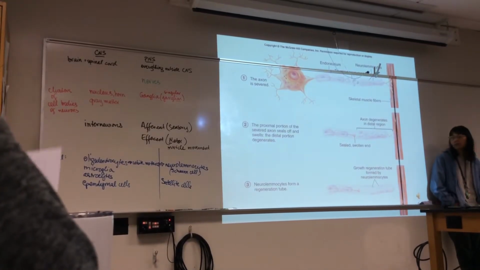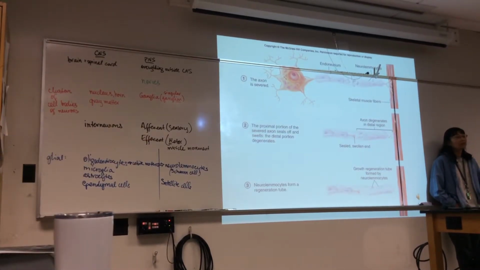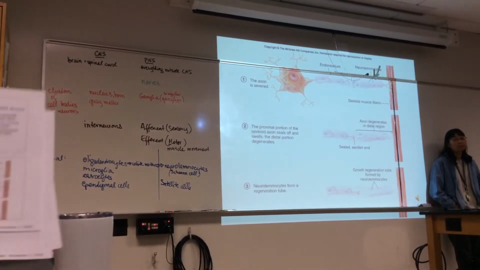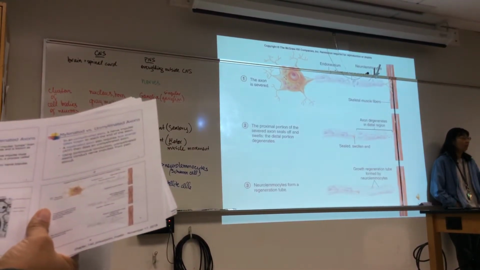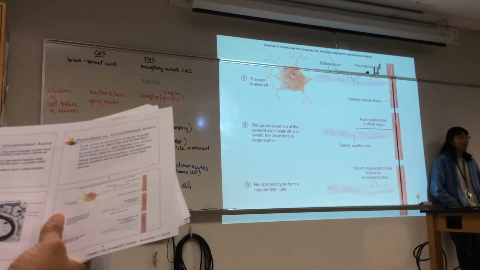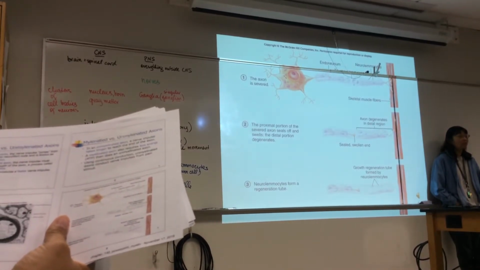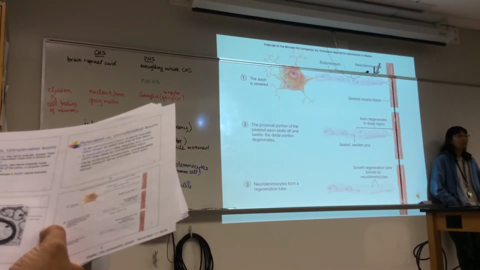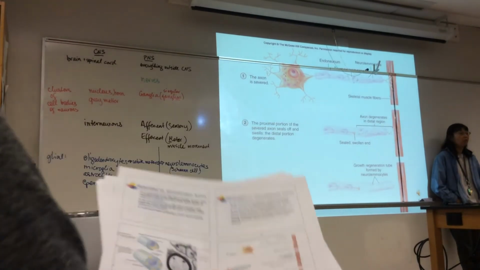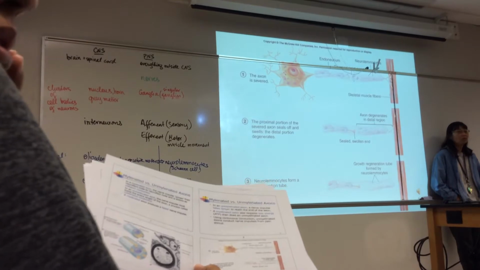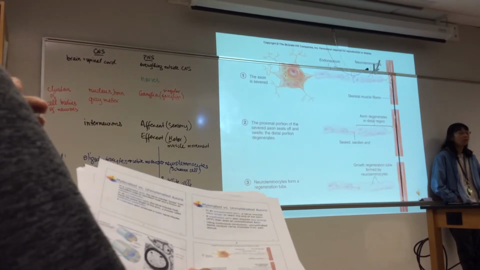I'm still confused. I think it's like how you get a fracture and then you cut the nerve. Yeah. Could be. If the axon gets cut off, it's going to rot away.